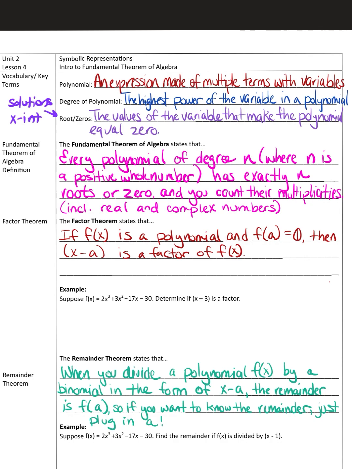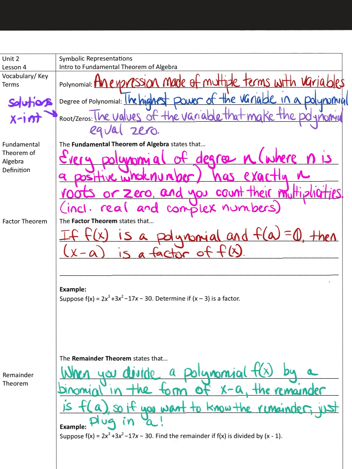Now let's move on to some of the bigger picture, which is the fundamental theorem of algebra. The fundamental theorem of algebra states that every polynomial of degree n, where n is a positive whole number, has exactly n roots or zeros, and you can count their multiplicities, including real and complex numbers.